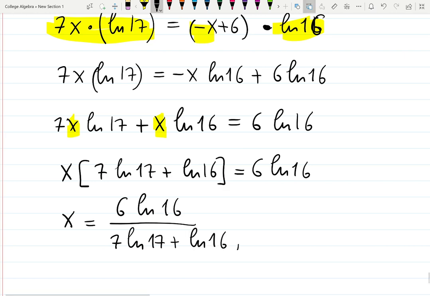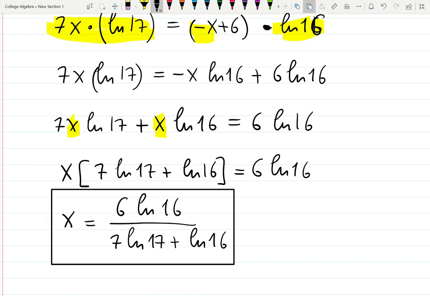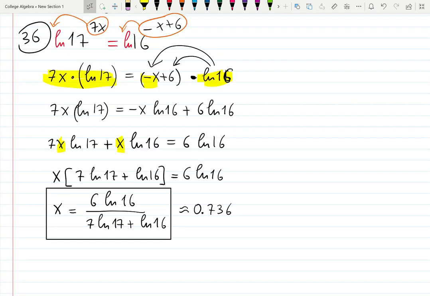That is the exact answer, which I actually like more. But if we want to know the approximate answer, it should be 0.736.